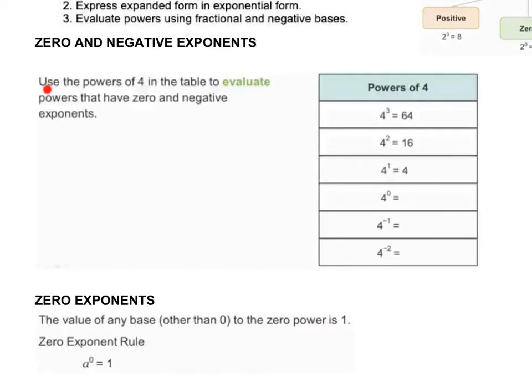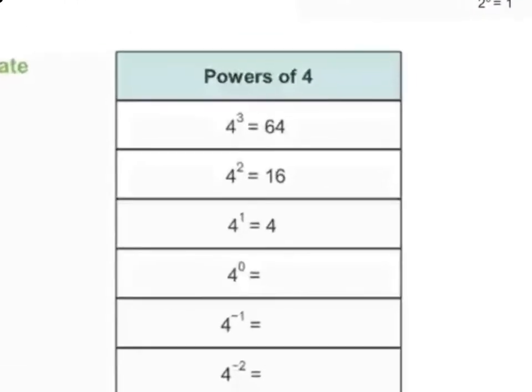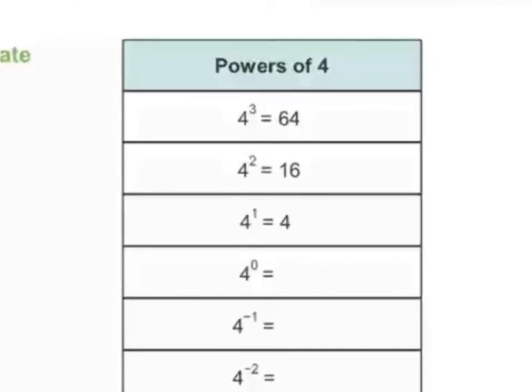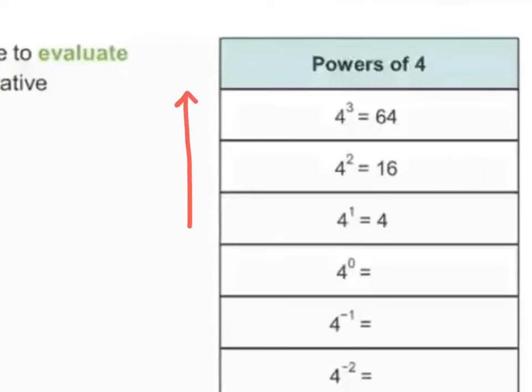It says use powers of 4 in the table to evaluate powers that have zero and negative exponents. Now, if I'm going in this direction, as my exponents get big, we are multiplying by 4.